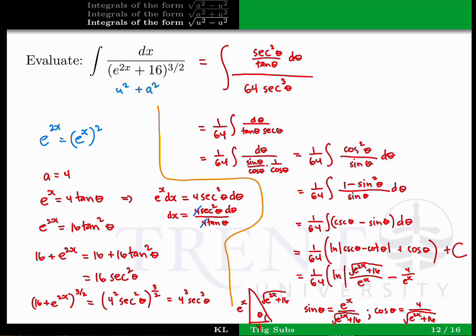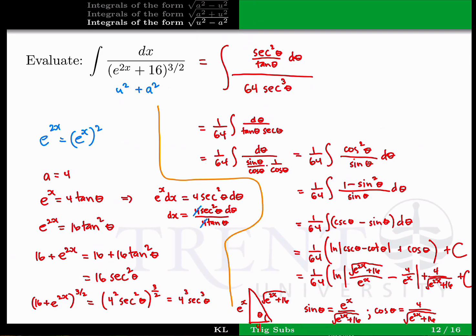That's the reciprocal of tangent theta, and tangent theta is coming from here. And then for the cosine, we got here, so plus 4 over the square root of e to the 2x plus 16, and then plus the arbitrary constant c.